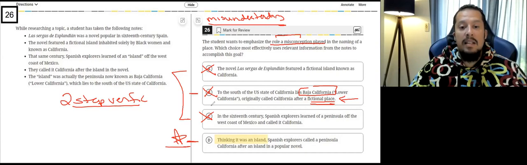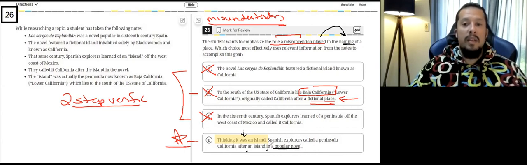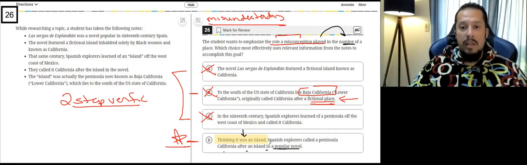And that this misconception, thinking it was an island, they named it off the misconception. Spanish explorers called the peninsula California after an island in a popular novel. So because of them thinking this place incorrectly, they named it also off of something incorrect, right? And so we're going to go with answer D. D for donkey.